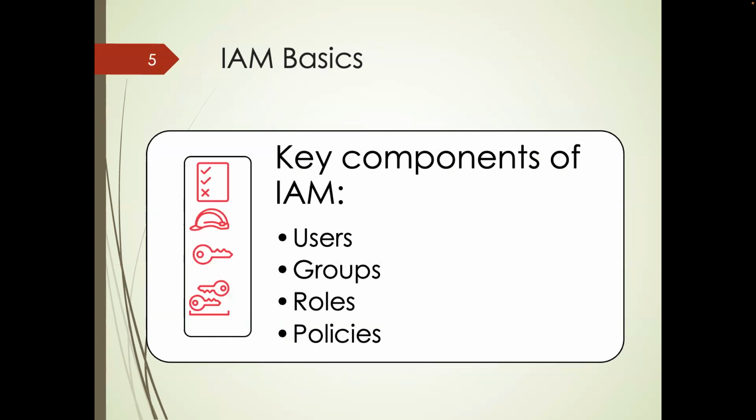These are the individuals who want access. Groups, think of them as digital clubs where you can put users with similar needs together. Then we have roles. Roles are nothing but special hats that the users or even the services wear for performing specific tasks. Policies are nothing but the rule book deciding who can do what.